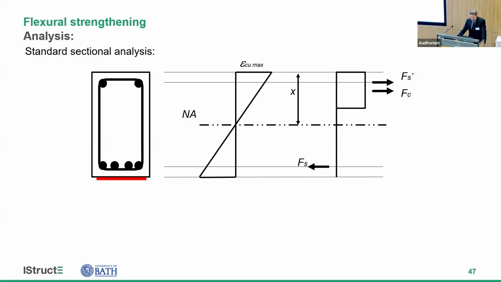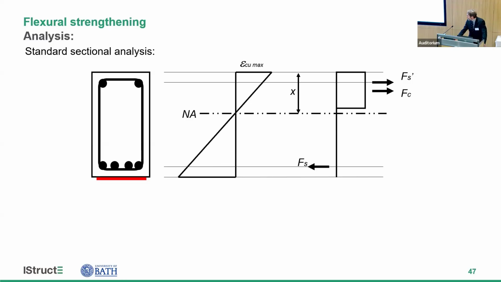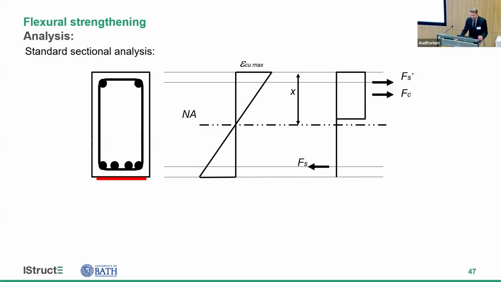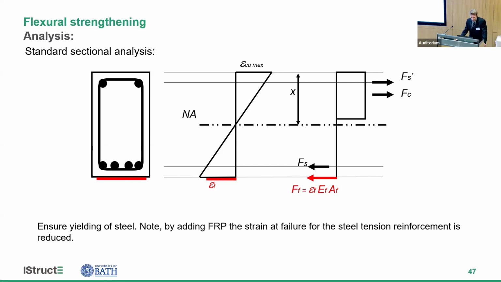And when we do that, you'll note that the strain in the steel here decreases. And so we're going to start reducing the amount of ductility that we can achieve in the section.